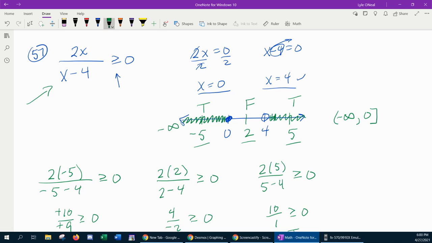Since there's a gap in the middle, I need to use the union symbol. Remember, the U is the glue that sticks the two pieces together. And the next region starts at 4 with an open circle, so that means a parenthesis, shaded to infinity. And that is the solution set this time.